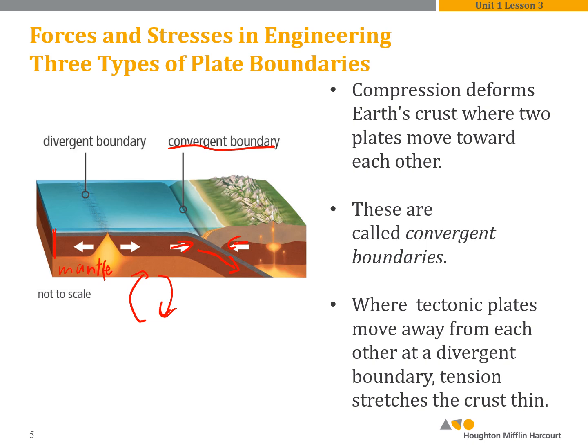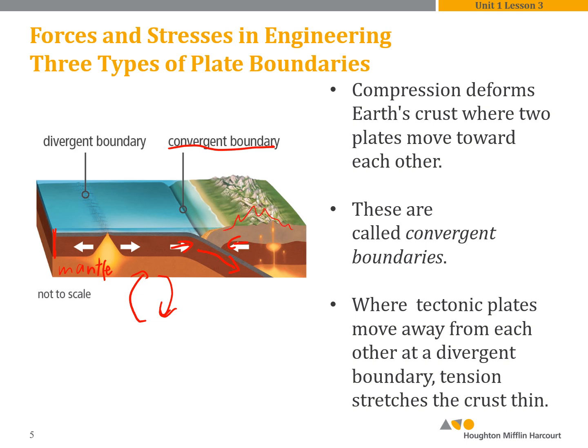The oceanic plate is pushed down under the continental plate, and then as it sinks down into the mantle, it heats up and it becomes part of the mantle. The continental plate then moves up on top of the oceanic plate, and so that's how mountain ranges form.